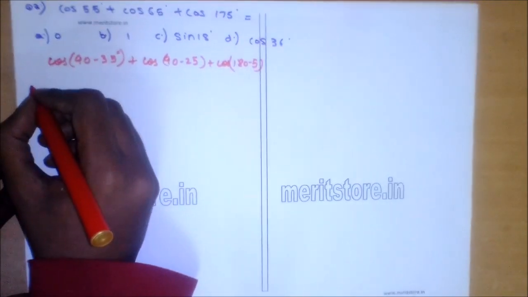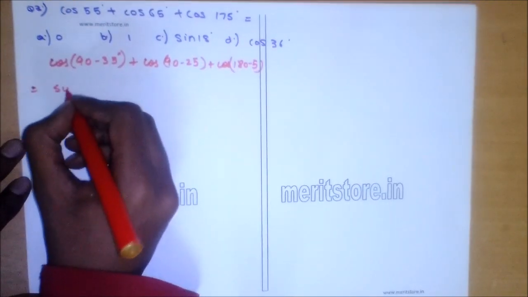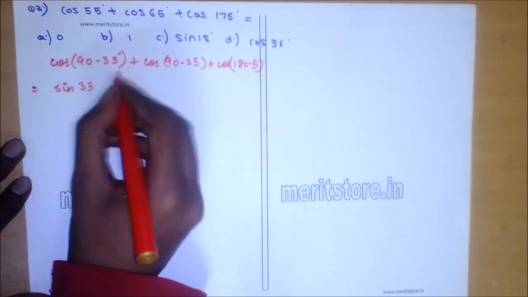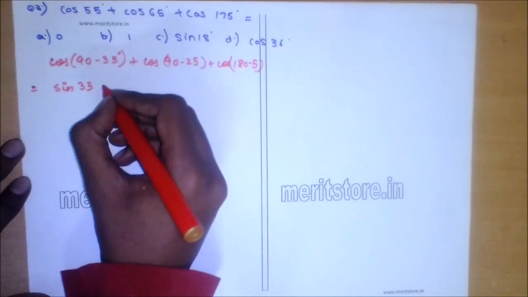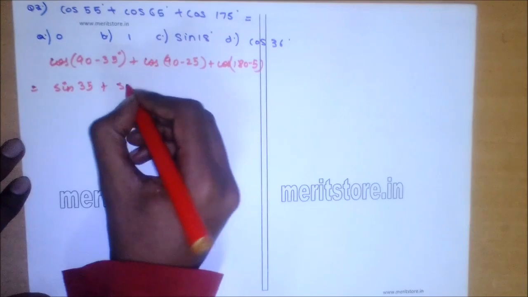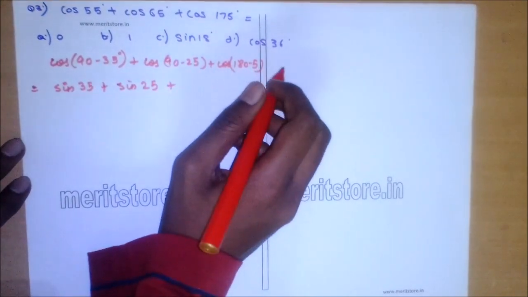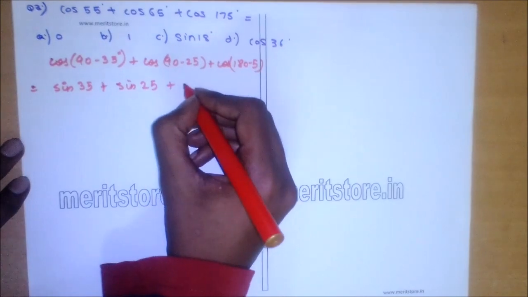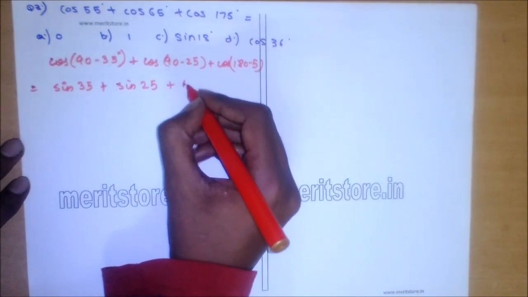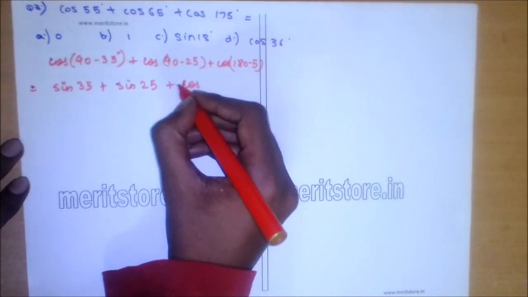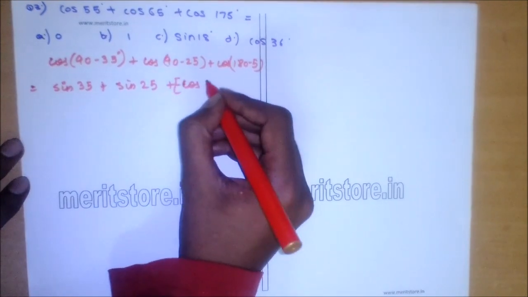This can also be written as sin 35, since cos (90 minus theta) is sin theta, plus sin 25, and cos (180 minus theta) is minus cos theta, so it is minus cos 5.